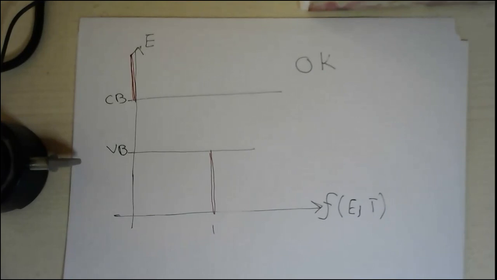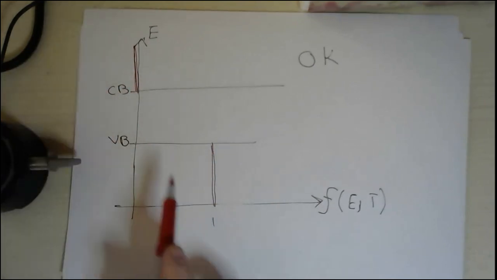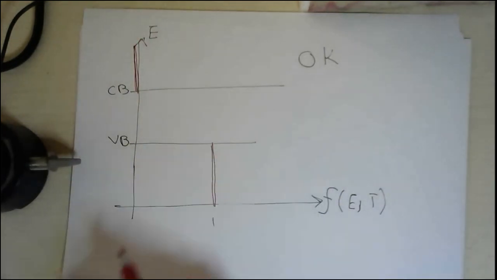Here, mathematicians will not be so happy because in order to have a probability density function, or what we call the PDF, this function should be continuous. This, as you can see, is not a continuous function because it's only defined here and there, but not in between. So we have to make it somehow continuous.